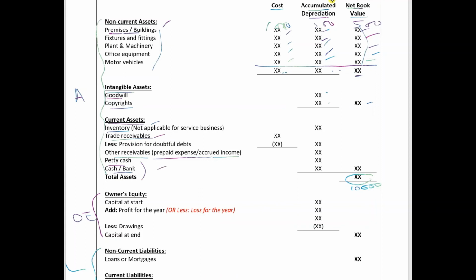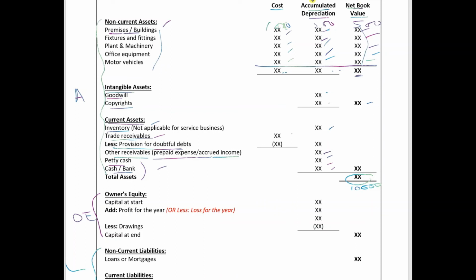Inventory, we have also not yet learned, but this is the format. We will talk about the doubtful debt when we learn about this topic. If doubtful debt is given to you, it is trade receivables minus the provision for doubtful debts. So you just need to know what are the items under the current assets and you list them down.